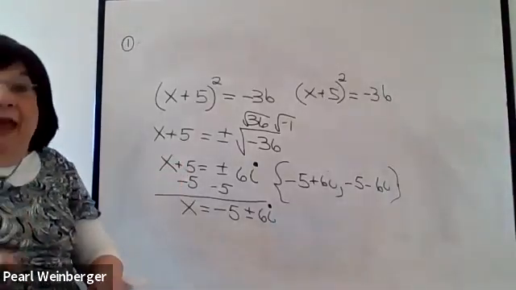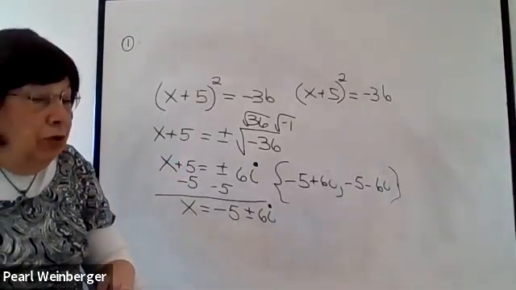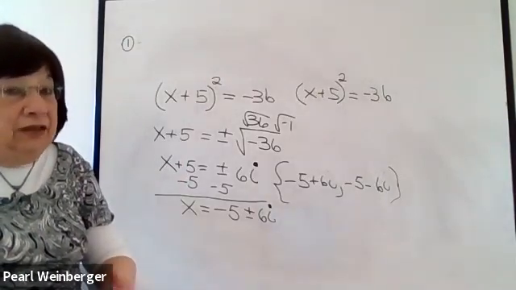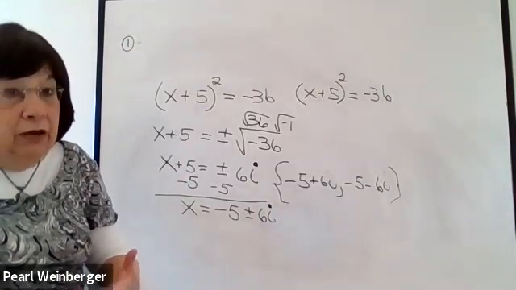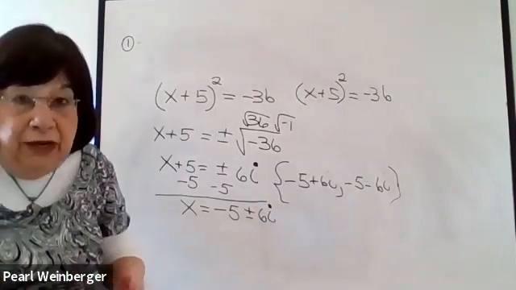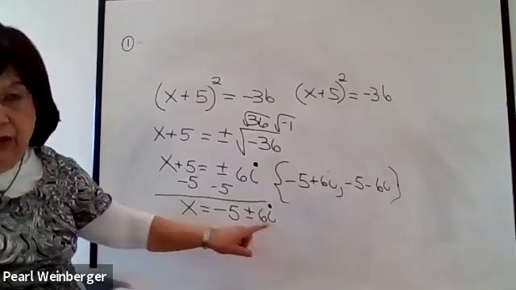Professor, I think I made a mistake because when I saw the negative 36, I thought that there was no solution. Right. So, you're not totally wrong, because it depends on whether they say you can. Sometimes they say give your answer, only give real solutions. This is not a real number. This is what we call a complex or imaginary number.